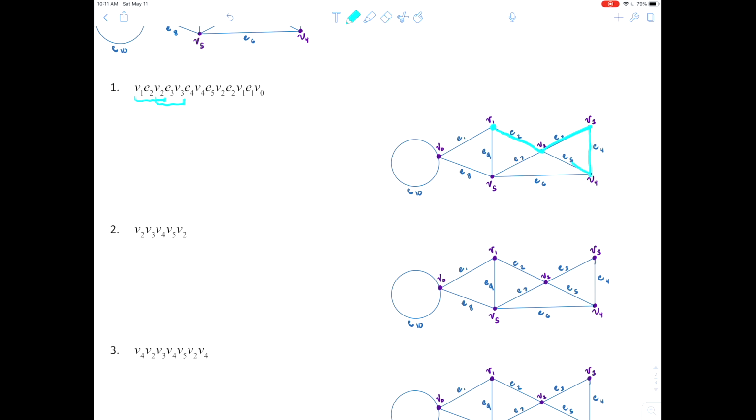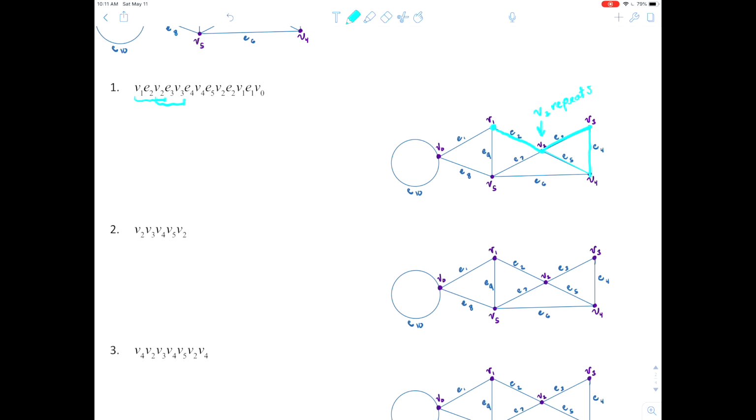So notice what has happened. We have a repeated vertex right here. V2 repeats. Okay, just something to take note of. And so where were we? We just did V4, E5, V2.